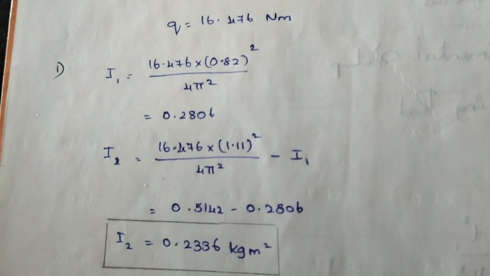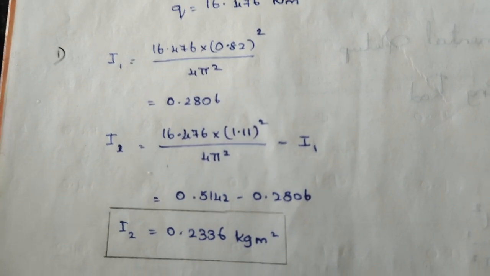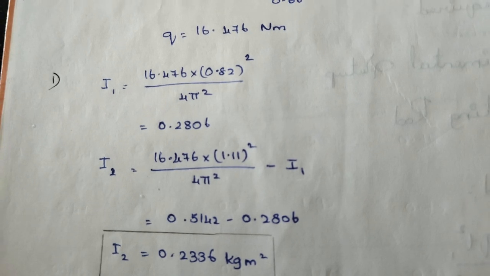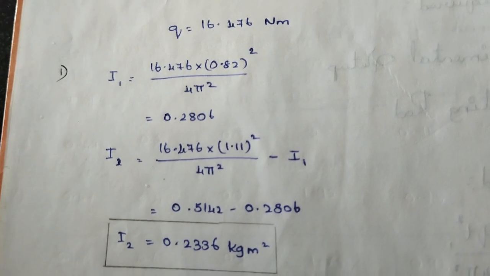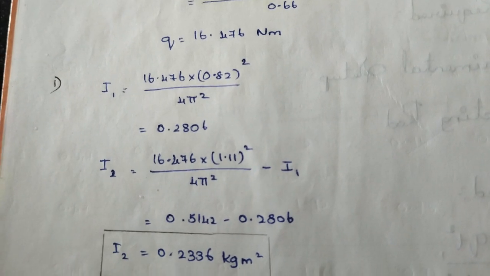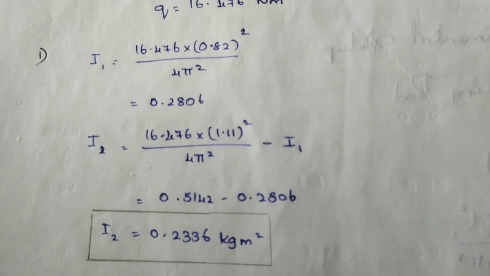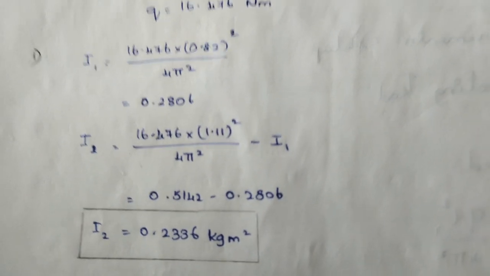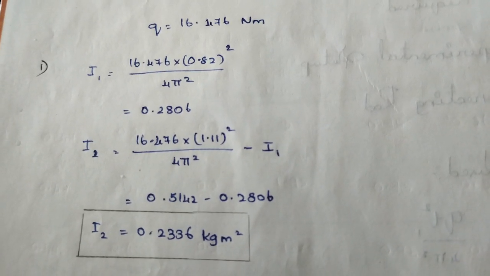For the I1 formula we take 16.476 into T square, where T square is the first trial value 0.82, divided by 4 pi square. From this calculation I1 is equal to 0.2806 kilogram meter square. Then the I2 formula: Q T square divided by 4 pi square minus I1.